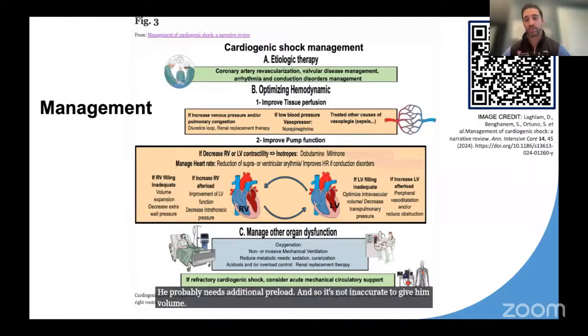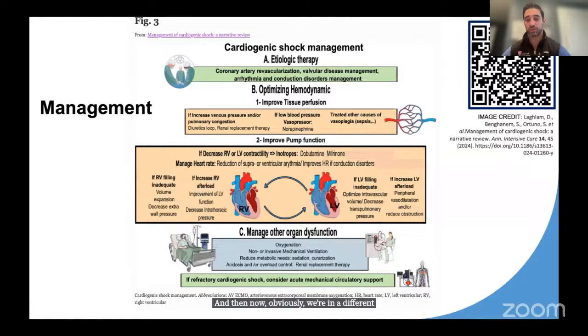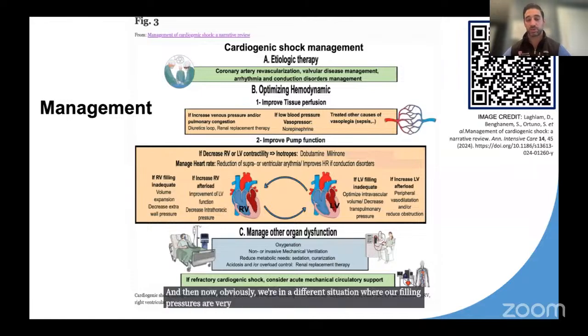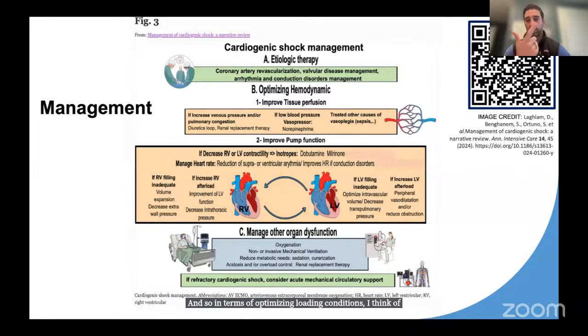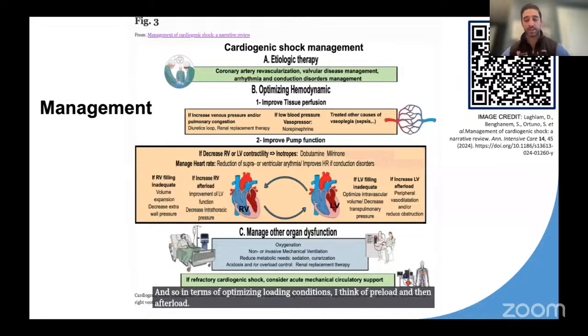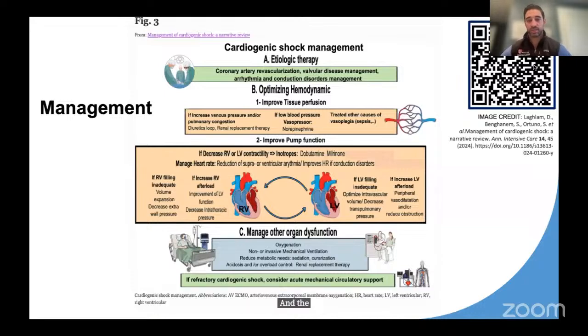And then now, obviously, we're in a different situation where our filling pressures are very high. And in this case, we're going to actually have to take away volume whenever he can tolerate diuresis or renal replacement therapy. And so in terms of optimizing loading conditions, I think of preload and then afterload. The afterload in this case is his blood pressure, and his blood pressure is too low.